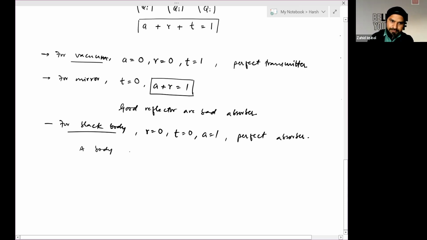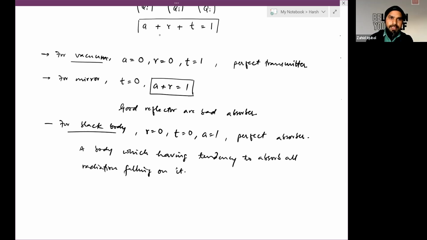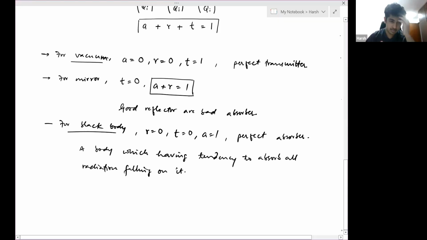A body which has the tendency to absorb all radiation falling on it is called a black body. Any doubt? First, write it down.